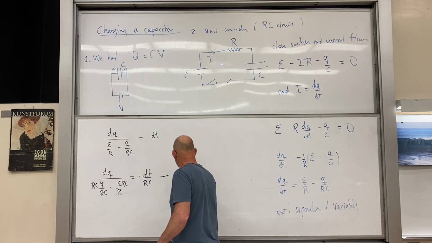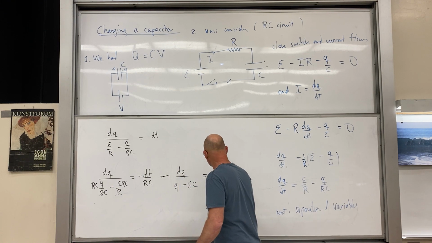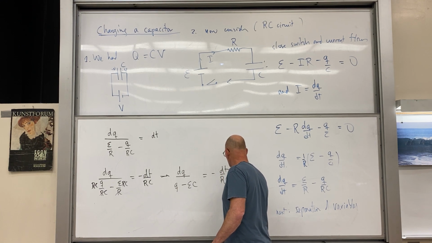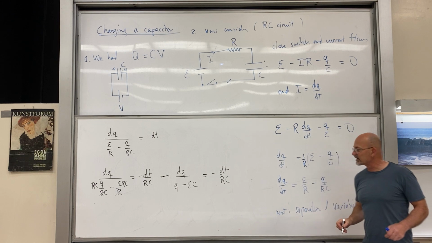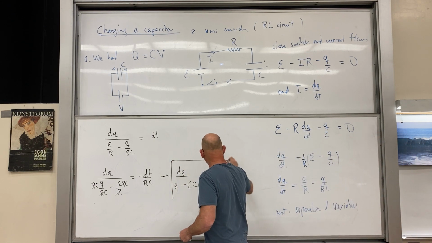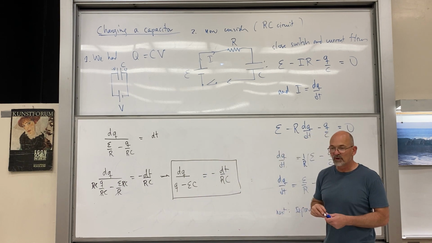And I have dQ over Q minus EC is equal to minus dt over RC. Okay, so now I have it in a form where it's easy to integrate, and that's what I'm going to do next.